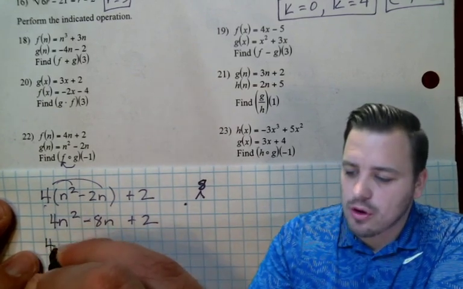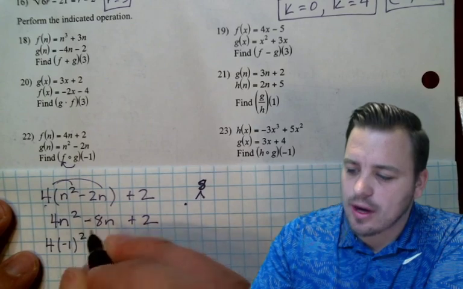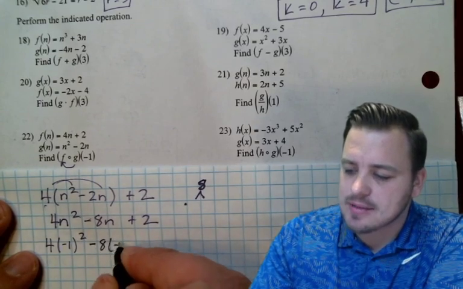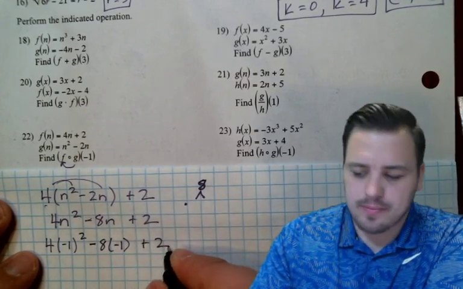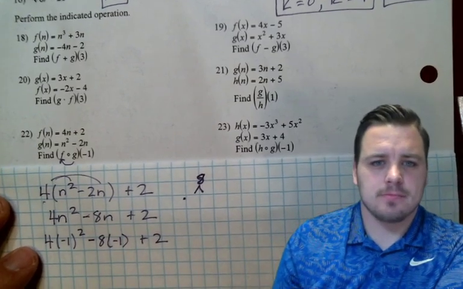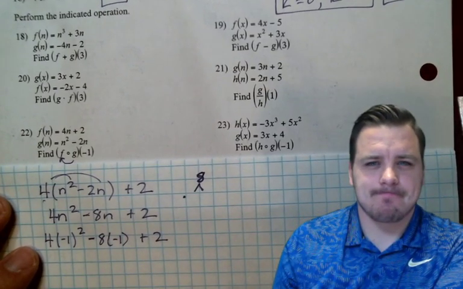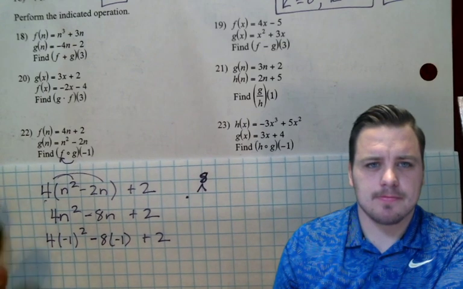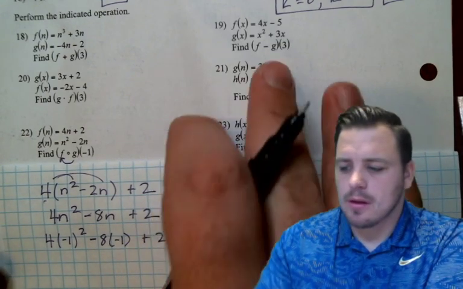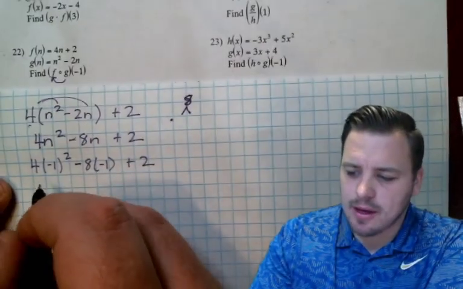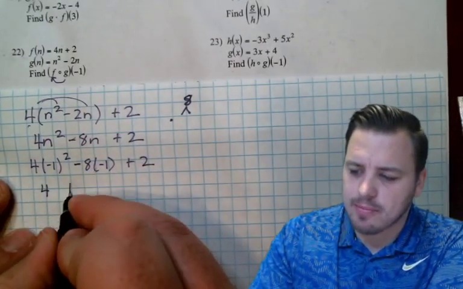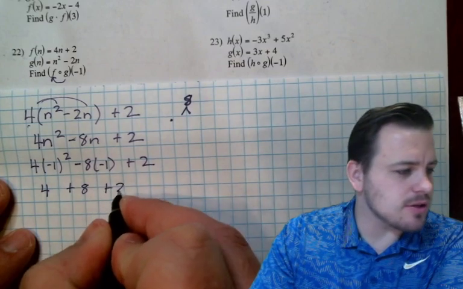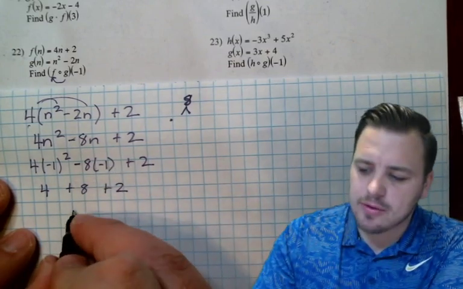So 4 times -1 squared minus 8 times -1 plus 2. Okay? So then that would be just positive 4, plus 8, and plus 2, taking me to 14.